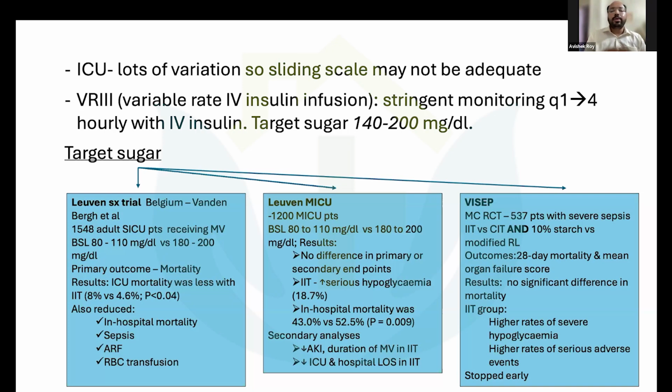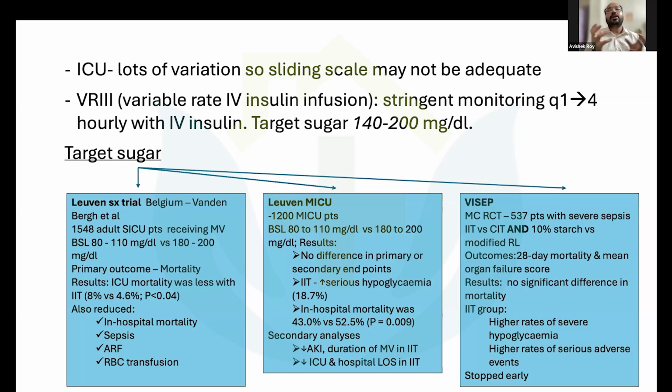And why we prefer intravenous in a patient who has very high sugar levels is because in critically ill patients who are on a ventilator, on multiple vasopressor infusions, the peripheral perfusion is poor, so subcutaneous absorption is dismal. So in this case, it is preferable to give an IV infusion. And usually when you give an IV infusion, you monitor more frequently, usually somewhere between 1 to 4 hour intervals. Again, the discussion will be coming afterwards.